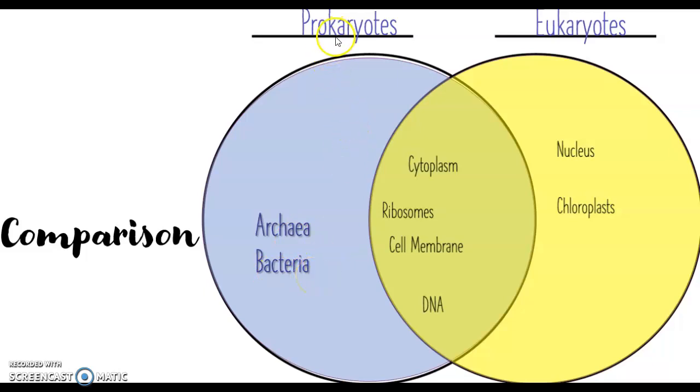Examples for eukaryotes are animals. I should have put animal cells, but animals, plants, fungi, and protists are examples of eukaryotes. So press pause and copy this.